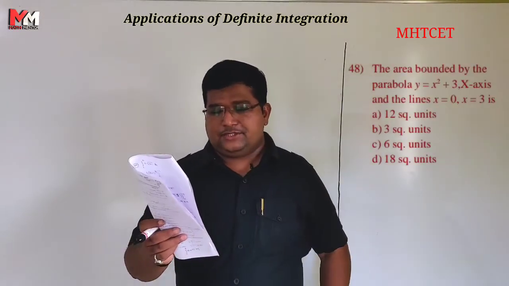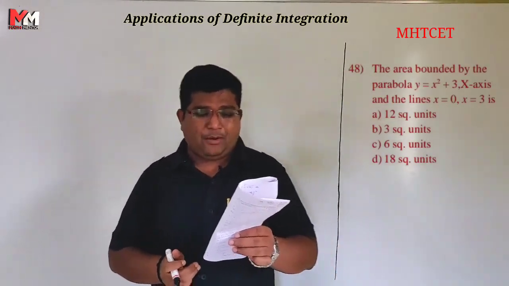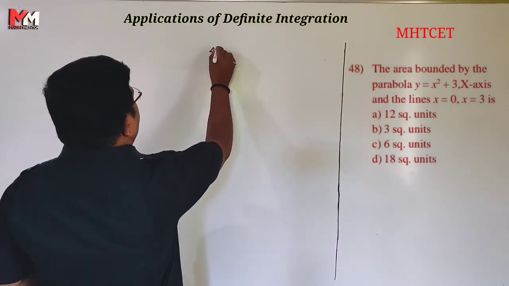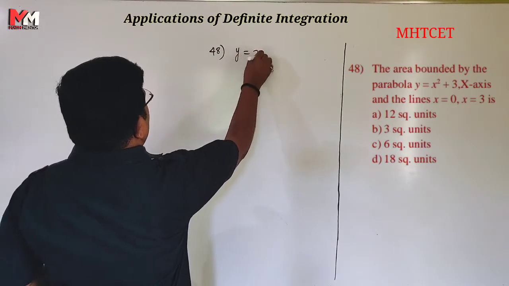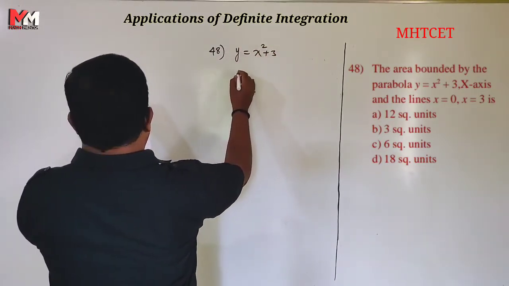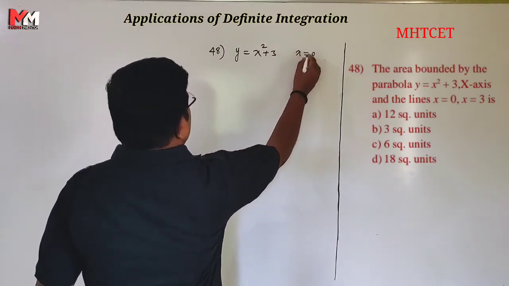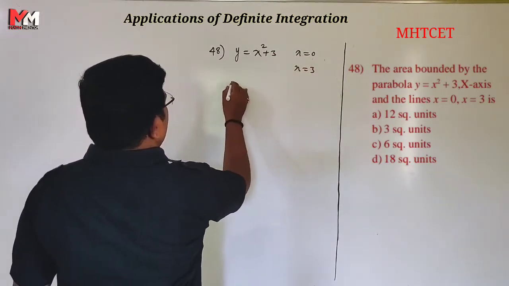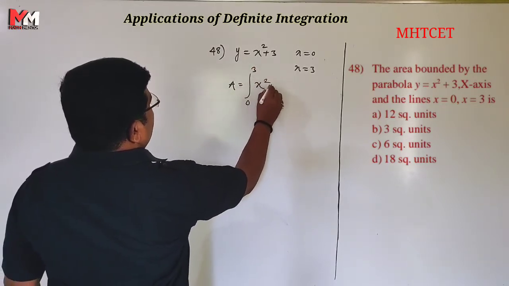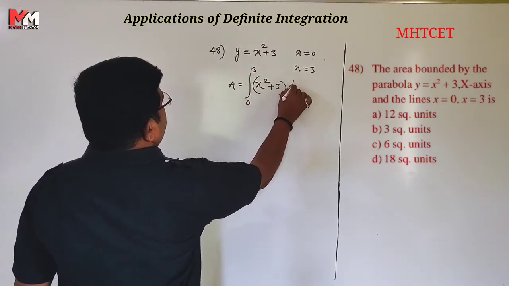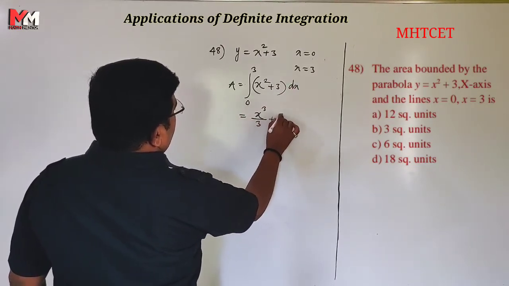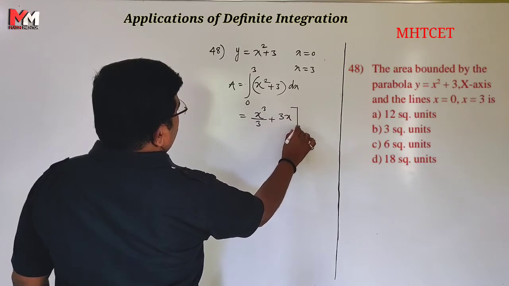Let's start MCQ number 48. The area bounded by the parabola, again a parabola, very simple. 48. y is equal to x square plus 3 and the lines x is equal to 0, x is equal to 3. We have to find the required area, from 0 to 3, x square plus 3 dx. The integration of x square is x cube by 3 plus 3x from 0 to 3.